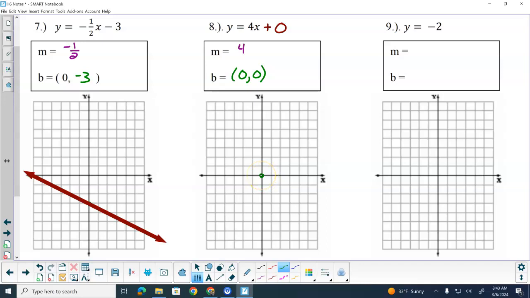I don't have to go anywhere from the origin. It is the origin. Then my slope of 4 is up 4, right 1. Or I can go down 4, left 1.